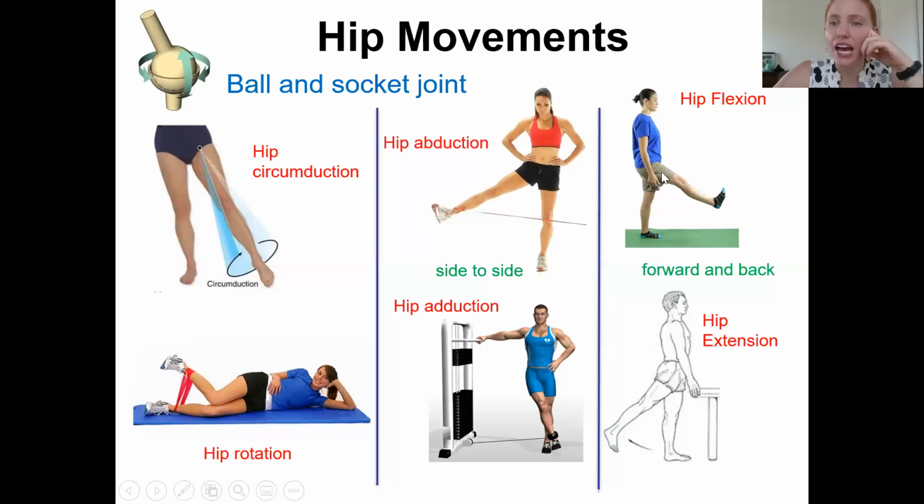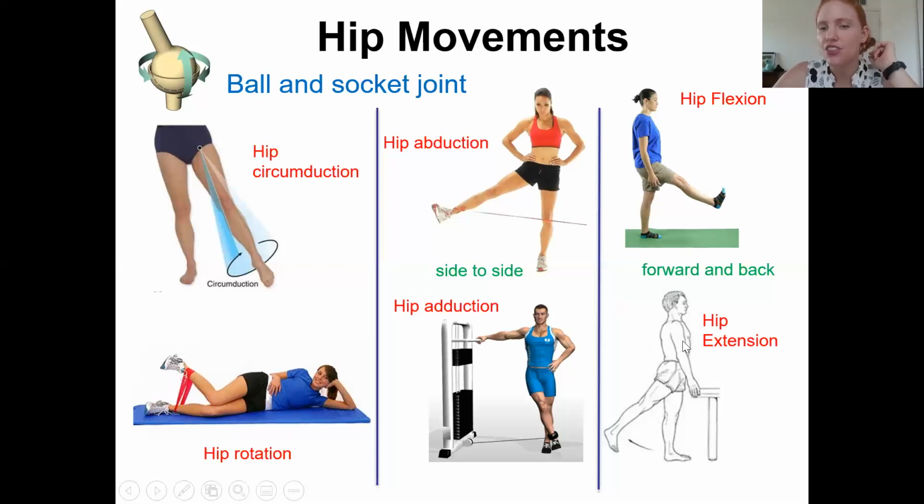Whereas hip flexion would be going forward, so that the angle between her body and her leg is decreasing. This is hip flexion. And then extension would be the opposite, going backwards. So if she goes from her foot sticking up to going back to standing, that would be extension.